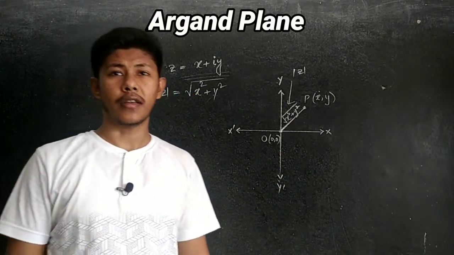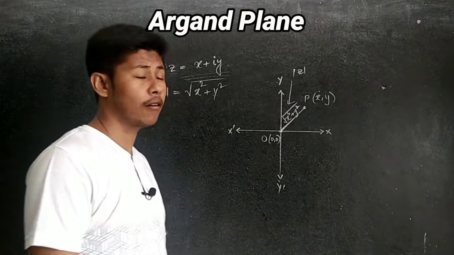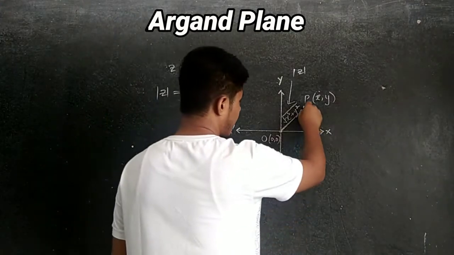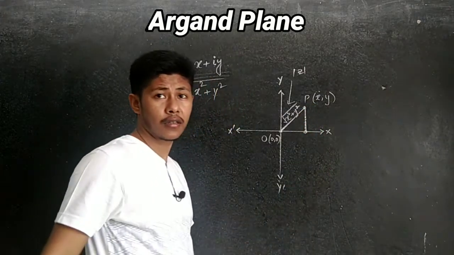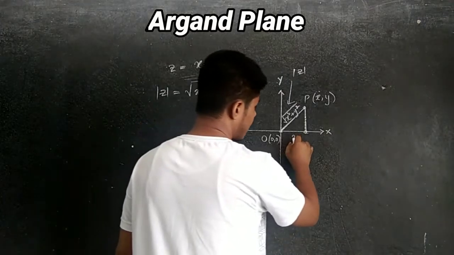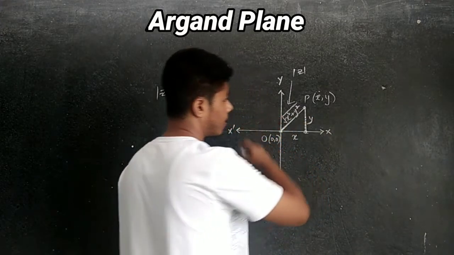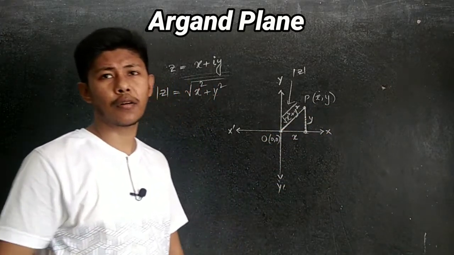Now in this case, if we draw a perpendicular from here, this one is the y distance and this one is the x distance. So if the distance is x and y, then the coordinate is x comma y.